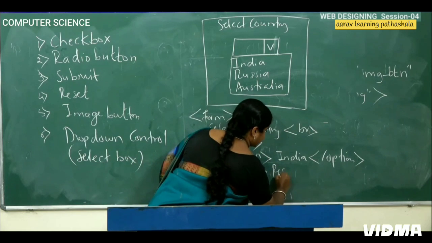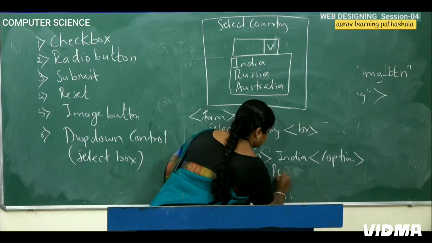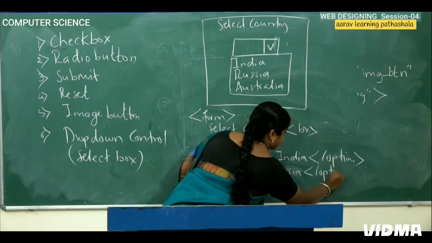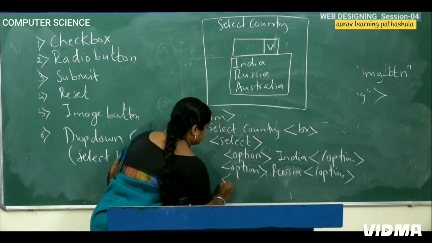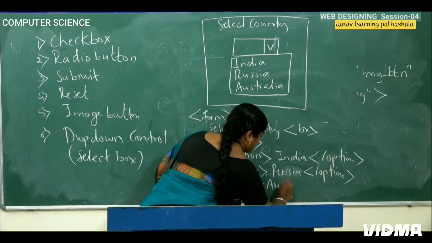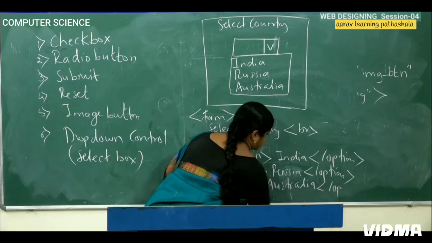It is the next country, that is Russia. After that, the next one is Australia. Then finally /option.